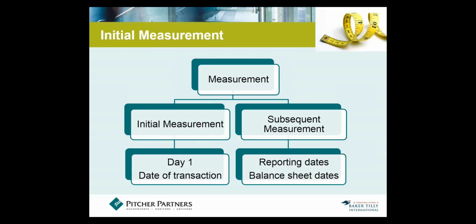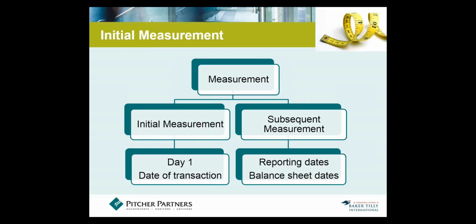As an example, for property, plant and equipment, there's initial measurement at cost price in AASB 116. And then subsequent measurement is an accounting policy choice, whether you want to keep it at cost or revalued amount. So this is the difference between initial measurement, which is day one or the date of the transaction, versus subsequent measurement, which is reporting dates or balance sheet dates going forward.